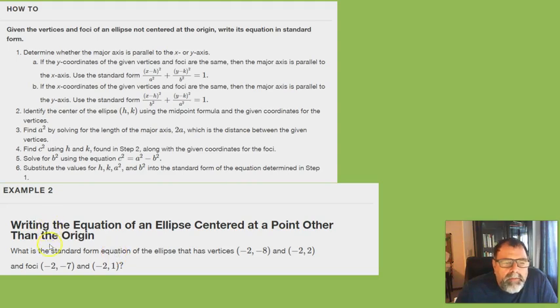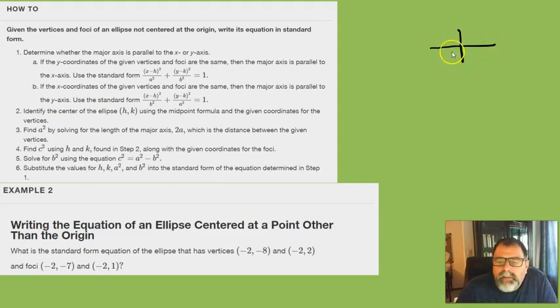Okay, let's look at example 2. What is the standard form of the equation of the ellipse that has vertices -2, -8 and -2, 2, and foci -2, -7 and -2, 1? So again, I just like to do a rough sketch, nothing perfect.